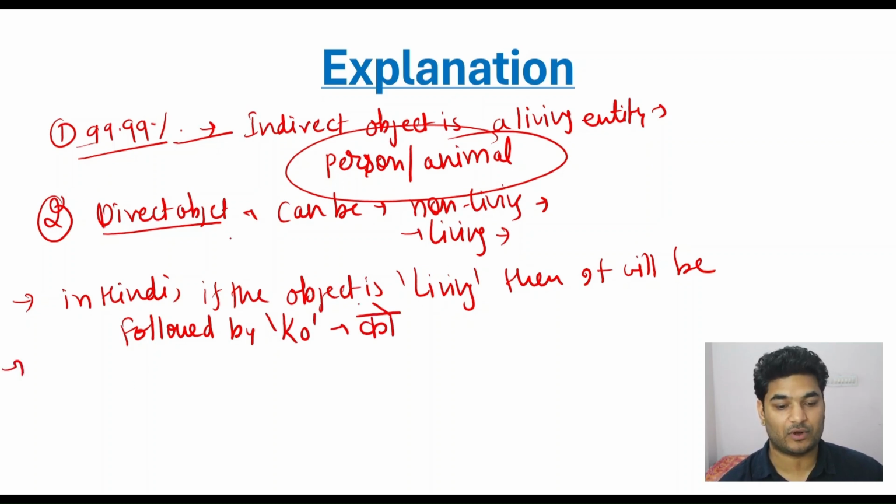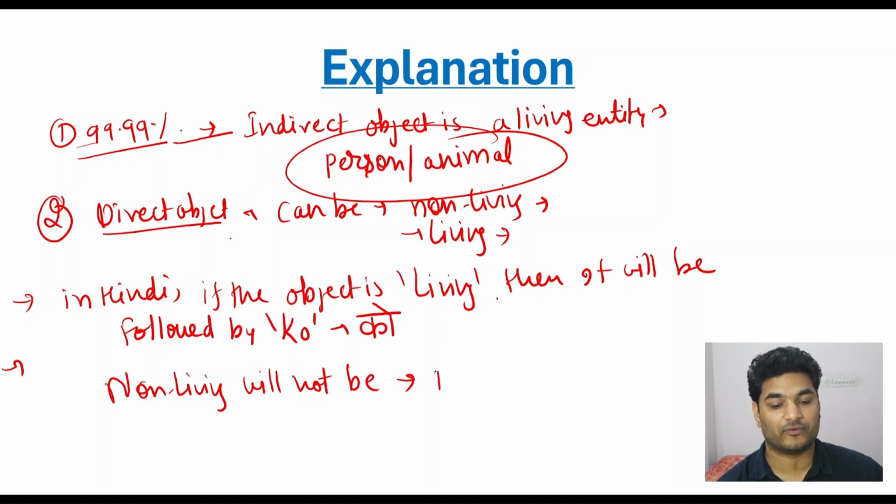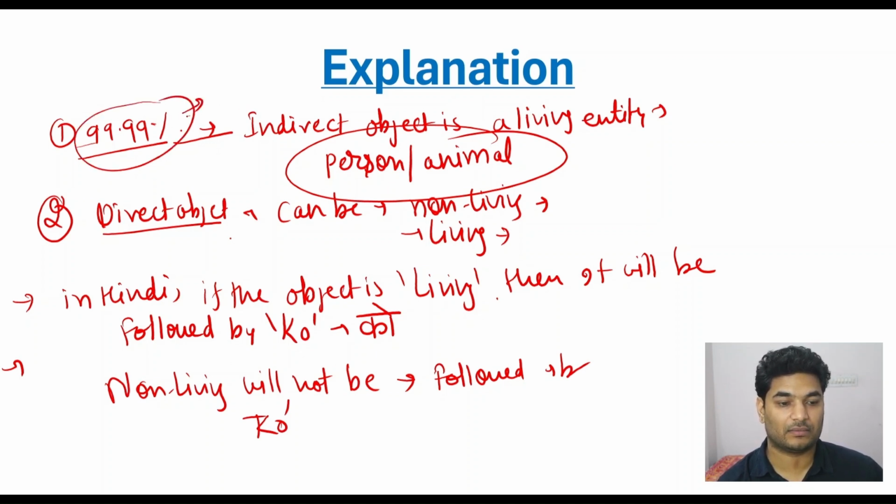Direct or indirect, if the object is living, then it will be followed by ko, and non-living will not be followed by ko. That's the rule. All right? Now, a non-living thing can almost never be an indirect object, so just keep this in mind.